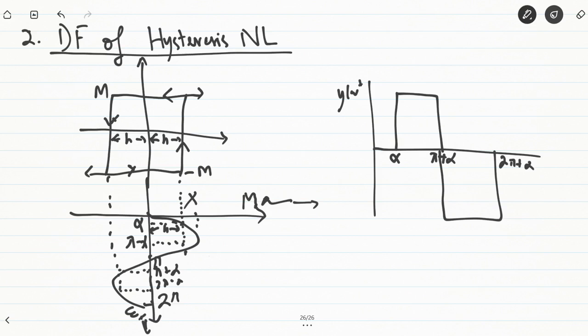Prior to alpha the magnitude was minus m. So this is your y versus omega t.